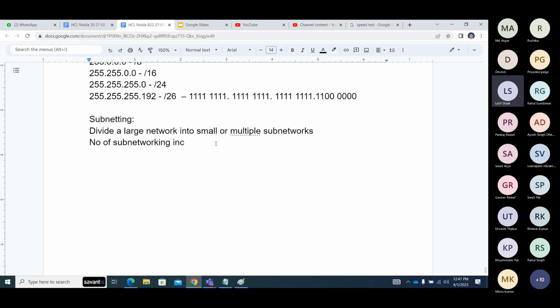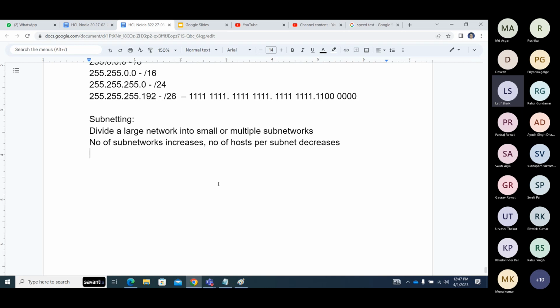So the number of subnetworks increases, and the number of hosts per subnetwork decreases, guys. Your network size increases, host size decreases.